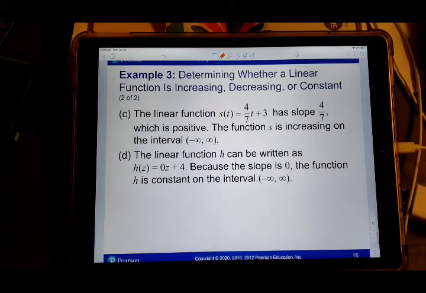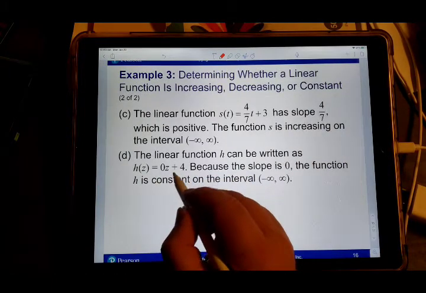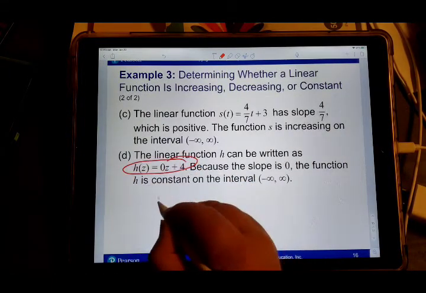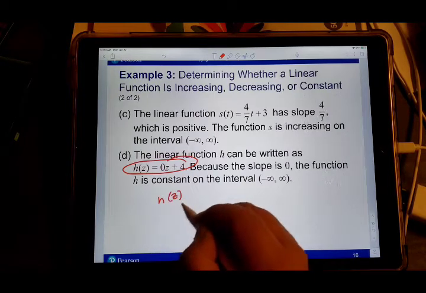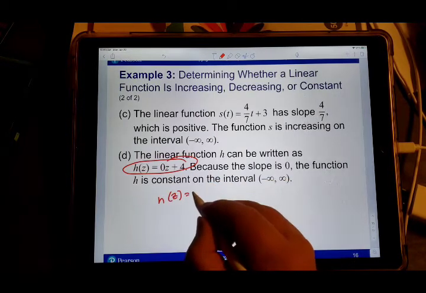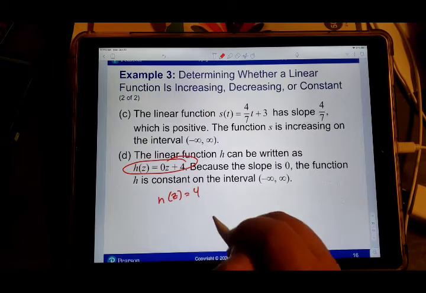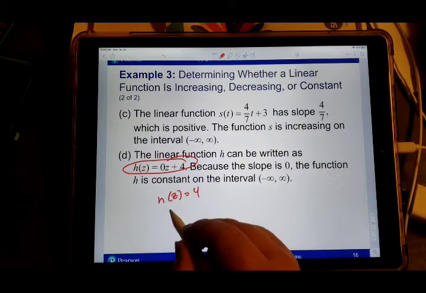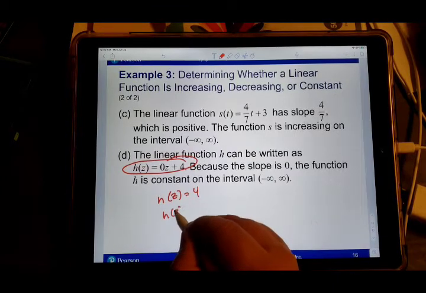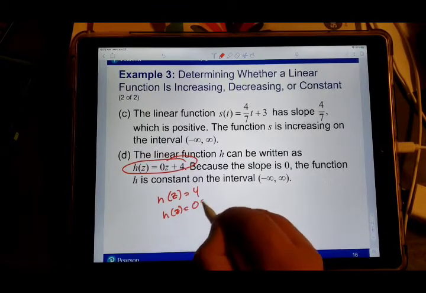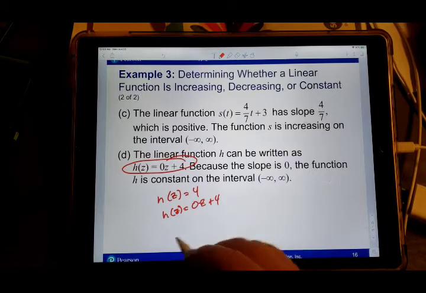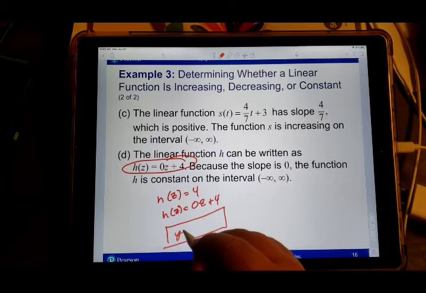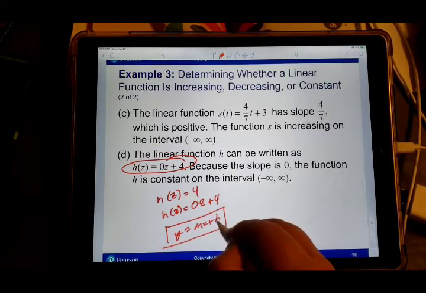Actually, I like what the author did here. So the author took h of z. I don't know why it's not h of x, but the author took this and essentially manipulated it to be h of z equals 0 times z plus 4, so it matches up to y equals mx plus b.